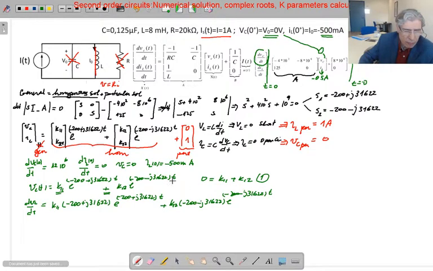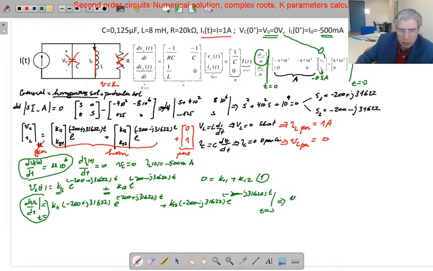That's the derivative. So when you replace t with 0, left hand side, right hand side, that is the one that we have calculated here. So that means 10 to the power 6 is equal to, e to the 0 is going to be 1, so K11 times (minus 200 plus j31622).